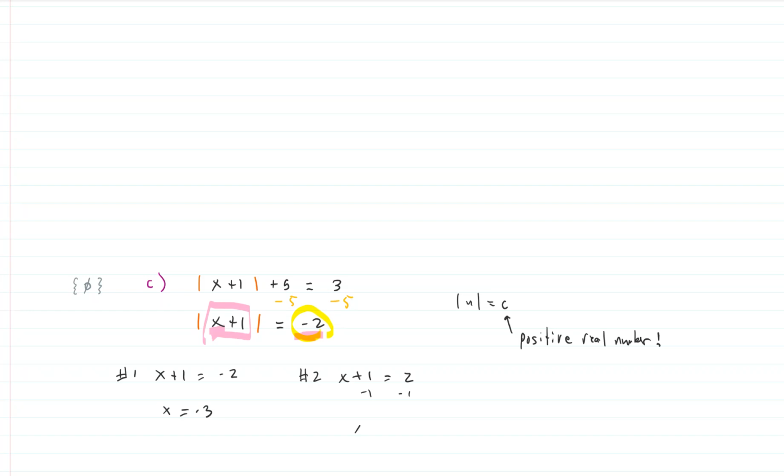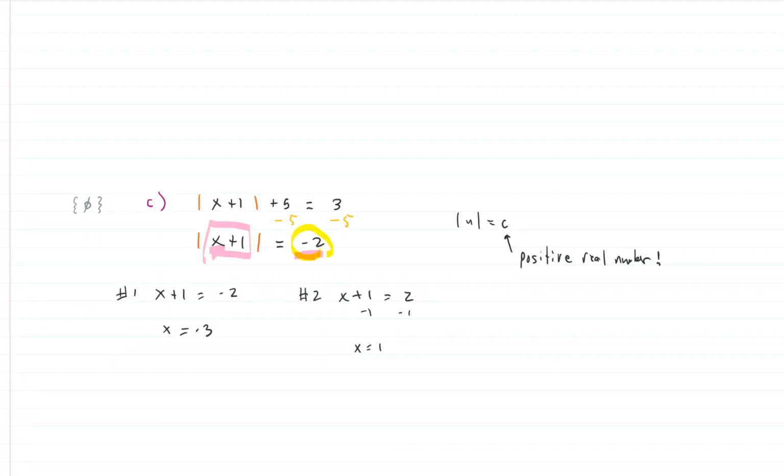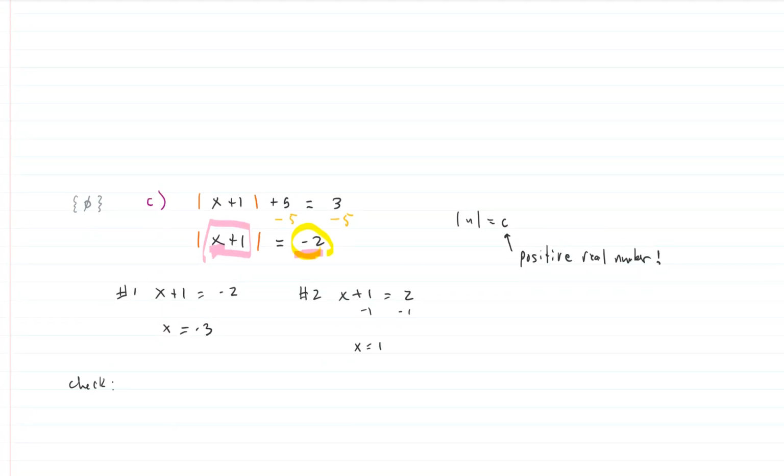Let's plug both of these back into the original statement to see if this is actually valid. We have the absolute value of x plus 1, plus 5 equals 3. So negative 3. The absolute value of negative 3 plus 1, plus 5, does that equal 3?